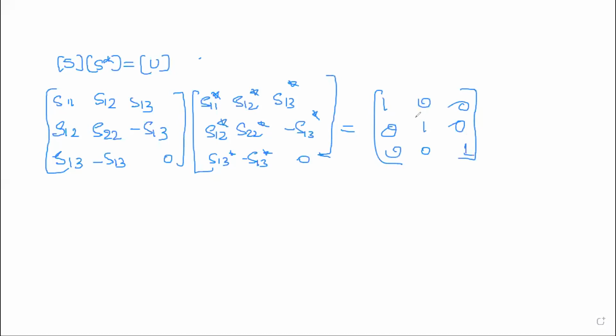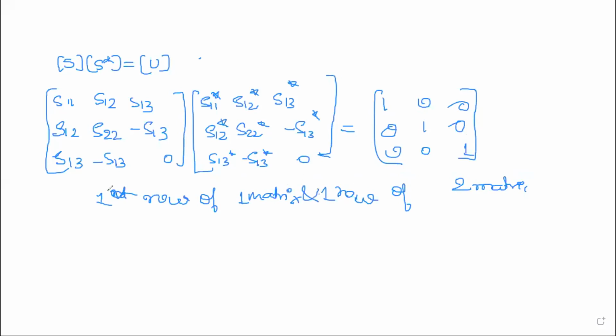Now you have to consider the first row of the first matrix and the first column of the second matrix, and you have to equate it to 1.